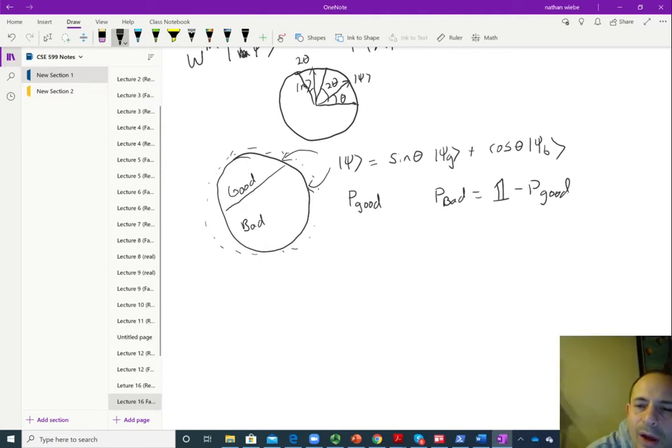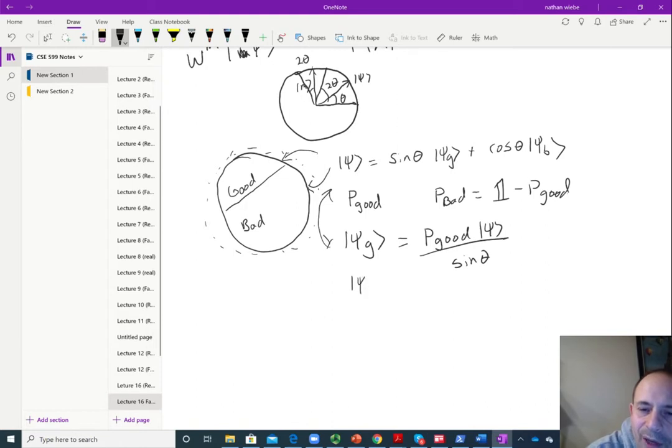In turn, we can define |psi_g>, which is just the projector P_good acting on psi, divided through by a normalization constant, sine theta. And you can see that both of these are equivalent.